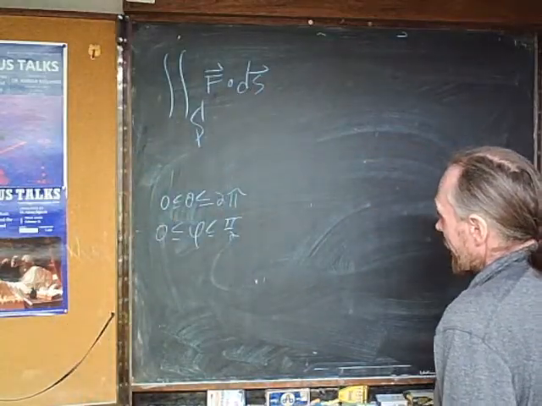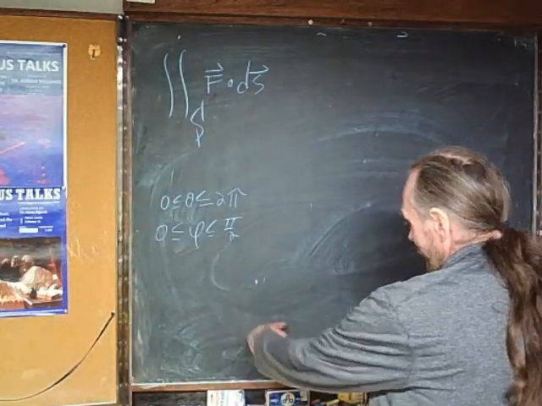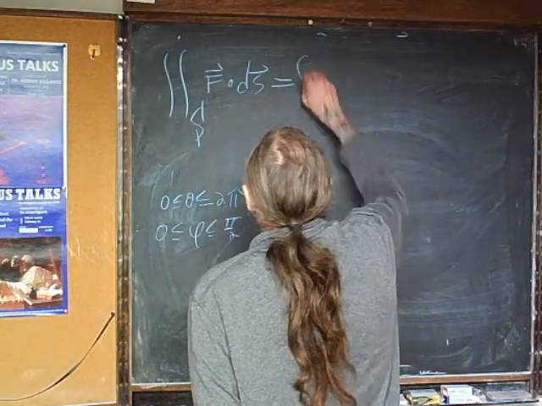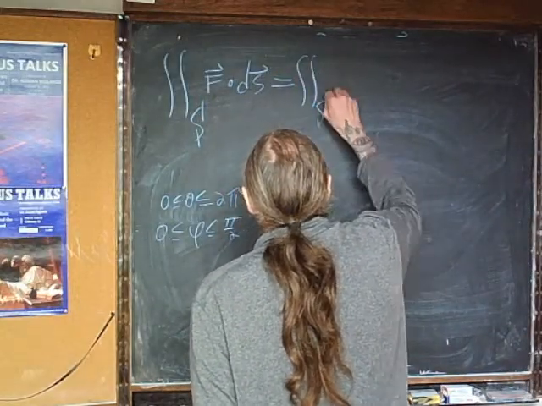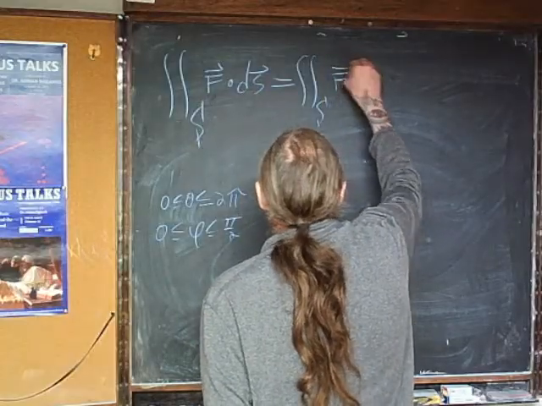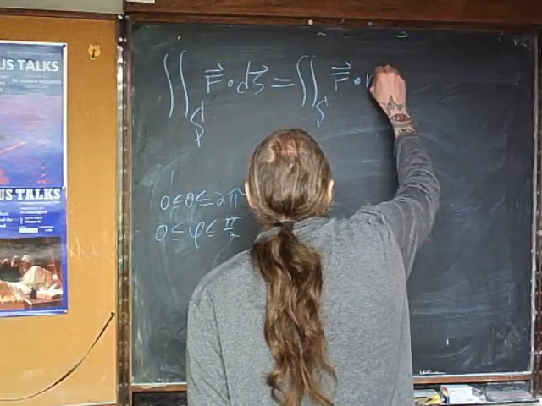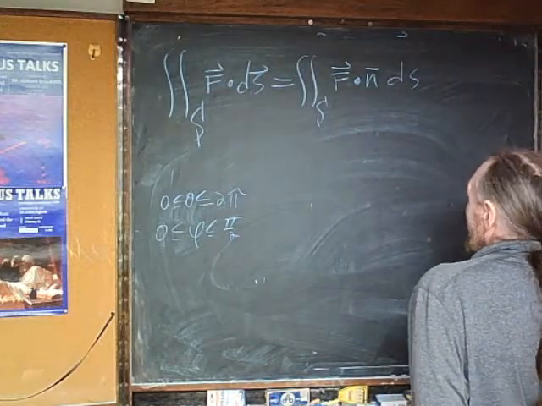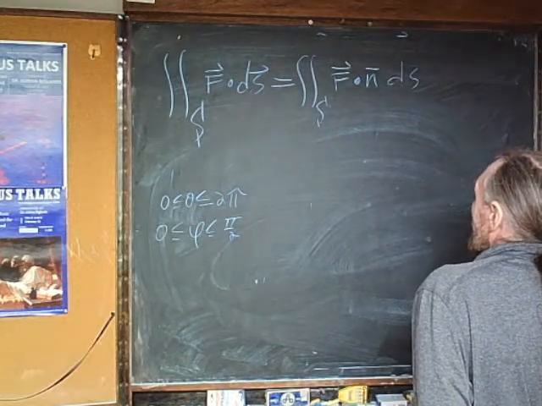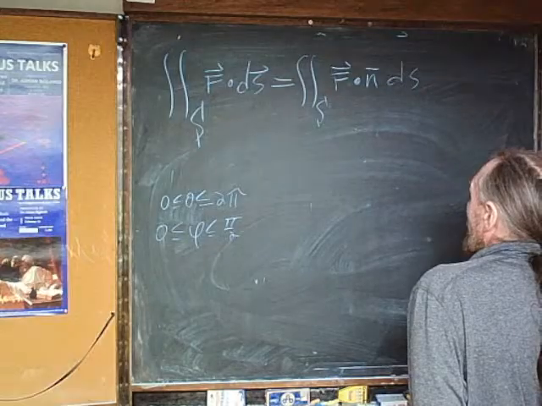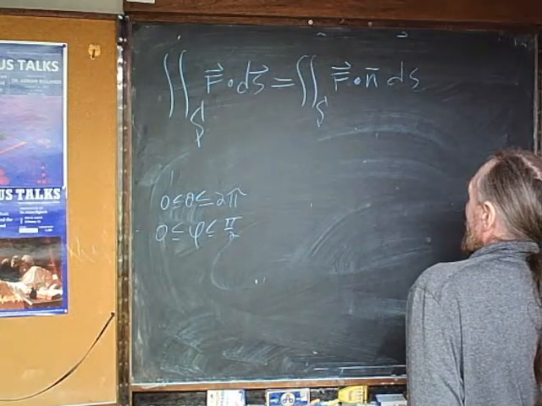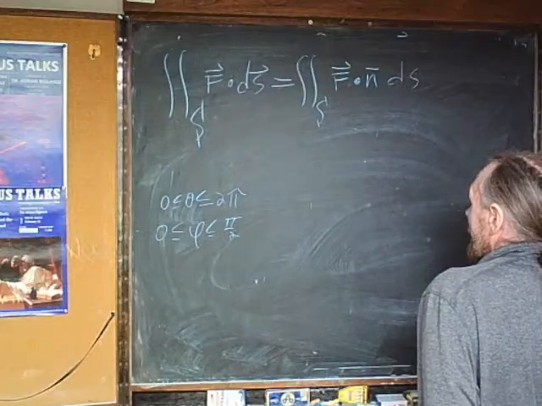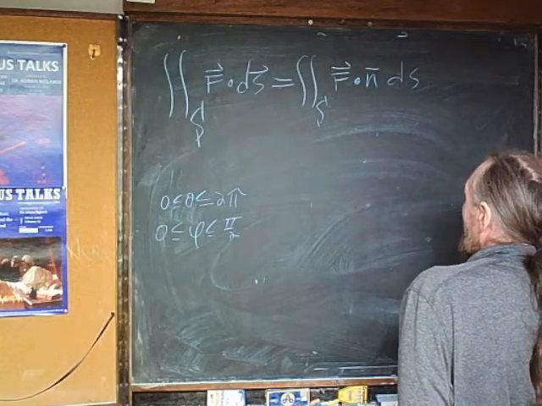Might not be too bad because I just made it x and y. This is going to be equal to the integral over the surface S of f dot n dS. I didn't even need it because we're doing a vector field, which is funny.